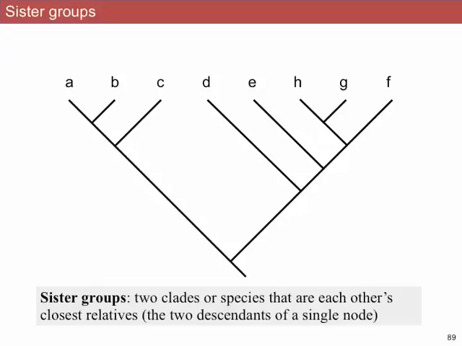So any sets of two either groupings or individual taxons that are each other's closest relatives. That is, the two things that you are saying are sisters to each other are the two descendants of a common node. So in this tree, for example, A and B are sister taxa to each other.